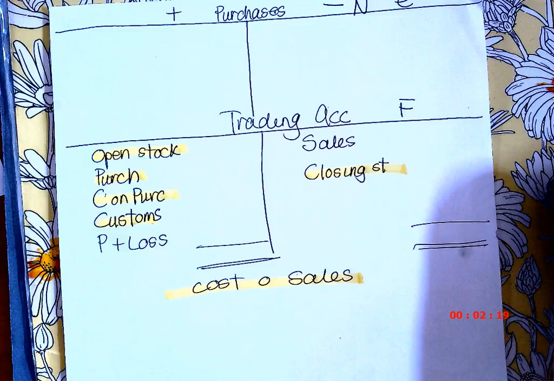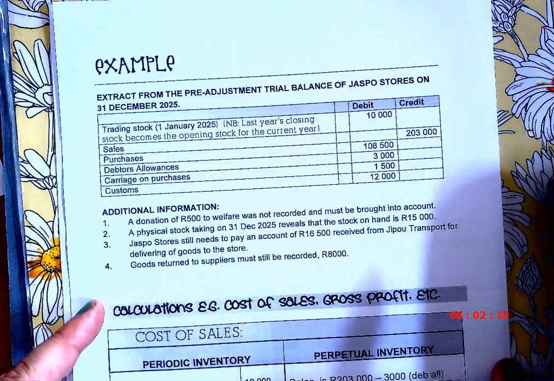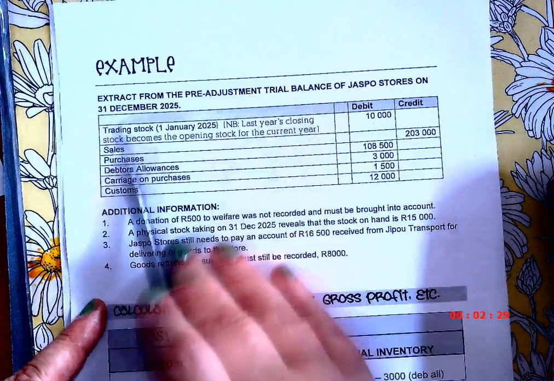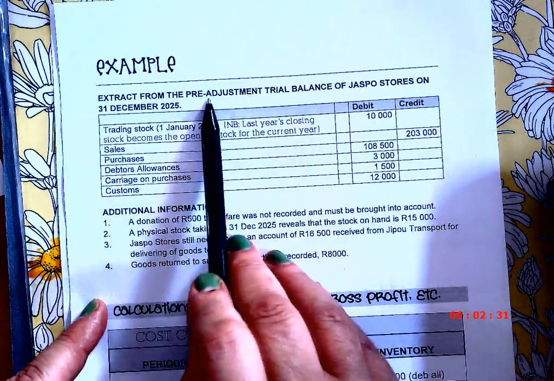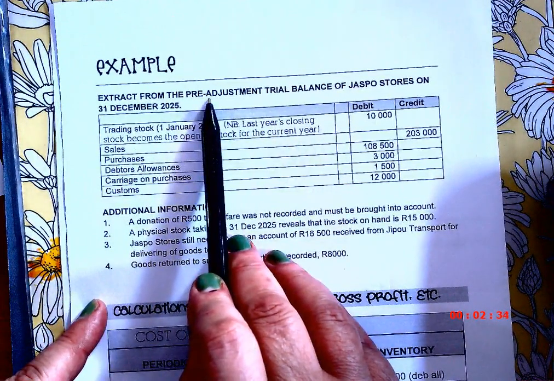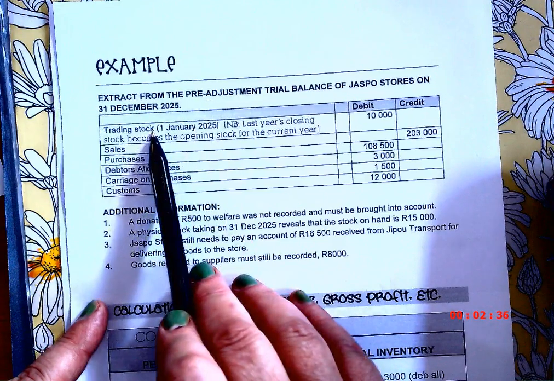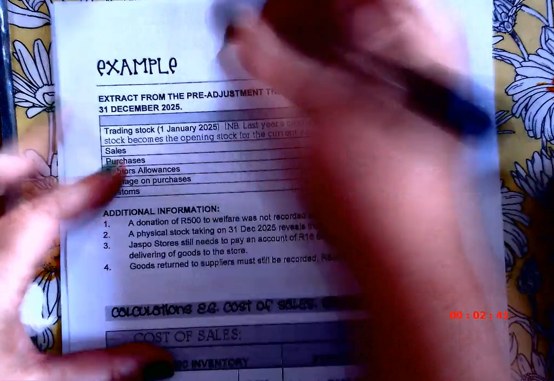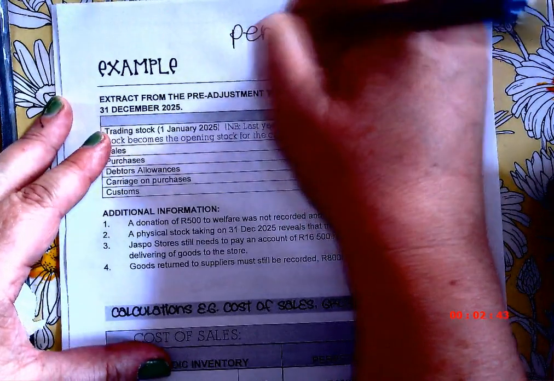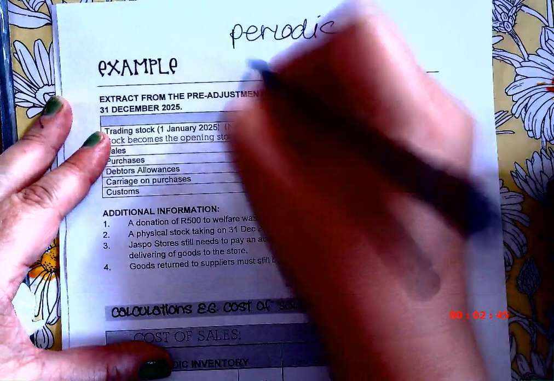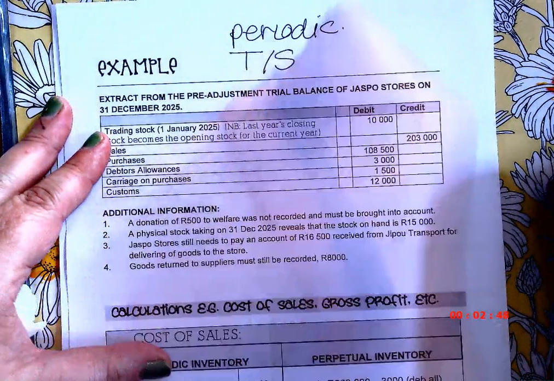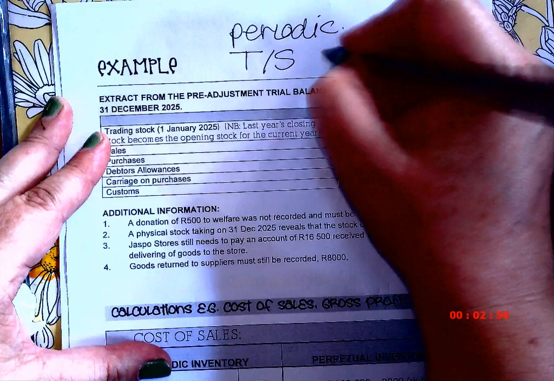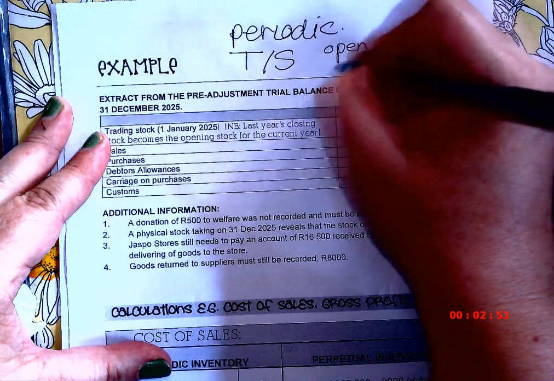So let's look at this example. The first thing they give me is balances, meaning these transactions have already been recorded because it's a trial balance. There I see trading stock. In the periodic system, you must remember, if they give you trading stock as a balance, it's always the opening count or the closing count.